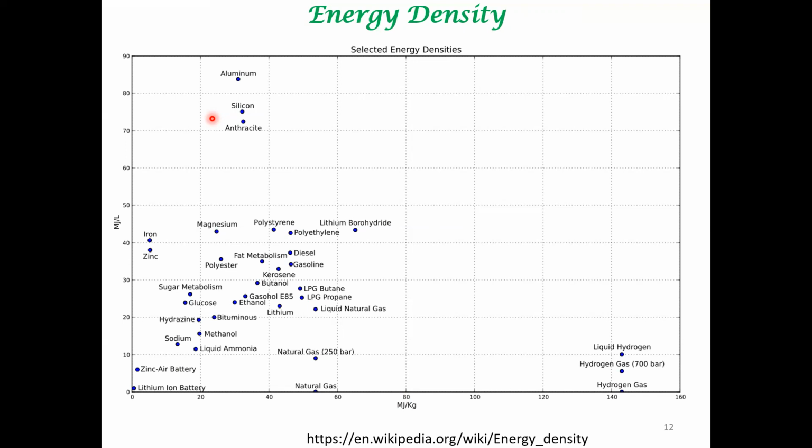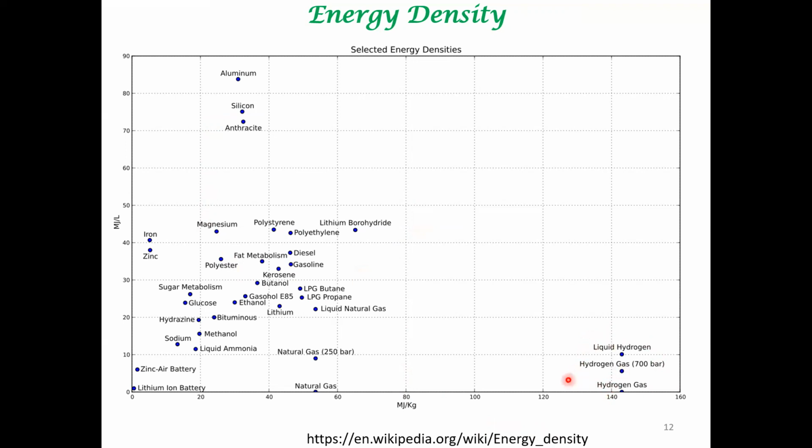This is a graph that I got from Wikipedia. At least go and appreciate this graph, because it shows how people are trying to use fuels with higher energy density, or how to improve the energy density of non-polluting fuels.